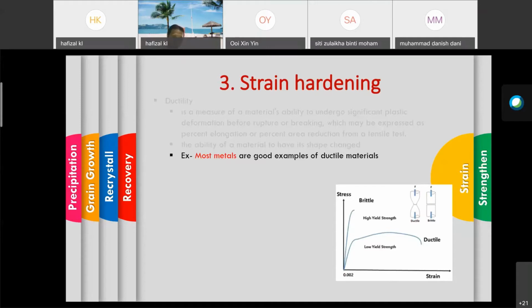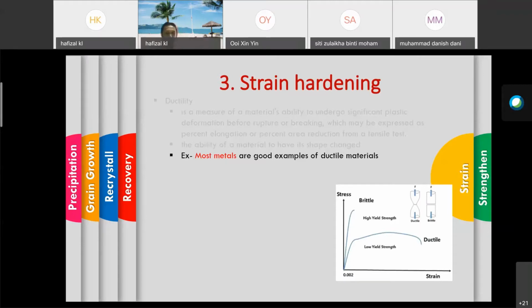If compared to the brittle, as you can see, the brittle keeps its original shape, and then at a certain point it will break. The diameter before and after can be slightly the same.